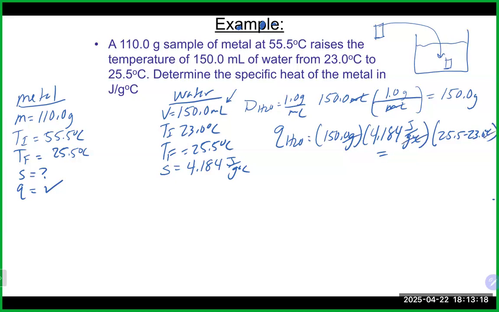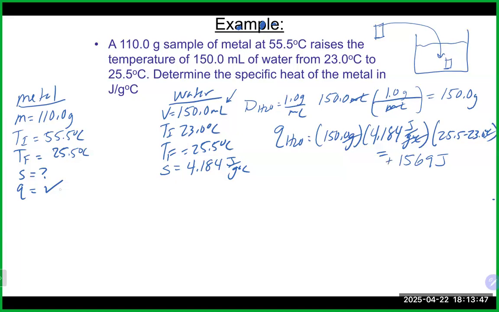And that's going to get us about 1,569 joules of energy. Again, in this case, our water is lower in temperature initially than our metal, so the water is going to be on the receiving end of all that energy. And again, we do end up here with a positive value for our Q.